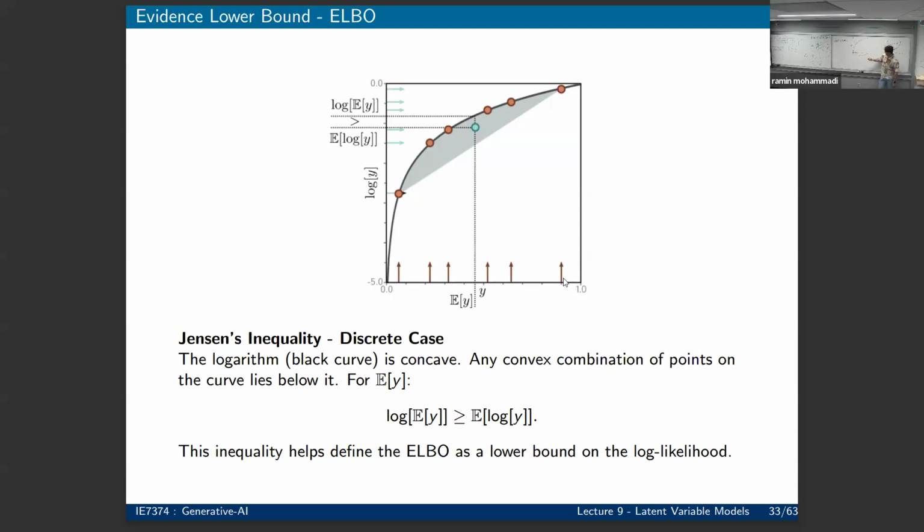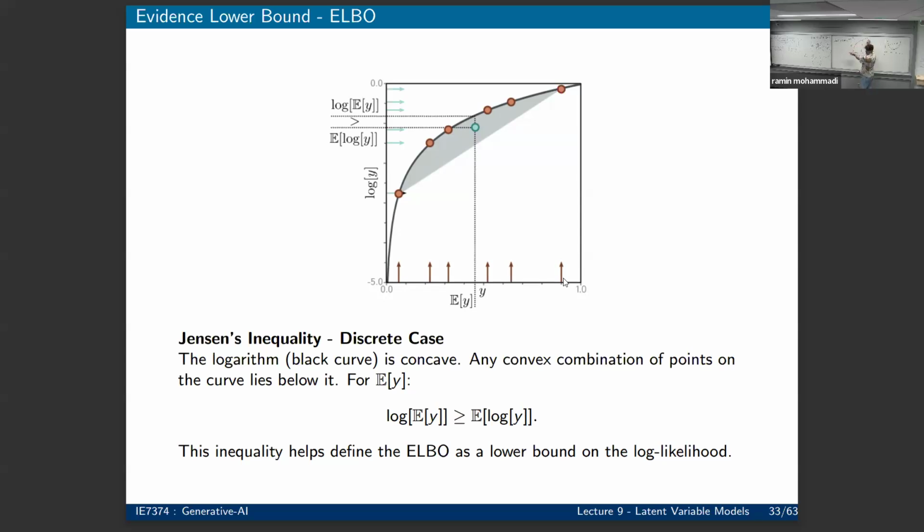Now, this Y has some expected value, the average Y. If you find this average Y on this line, this is called the log of the expected value of Y, because you have the expected value and then take the log of it. Versus if you first apply log to every sample and then do an expectation over this.